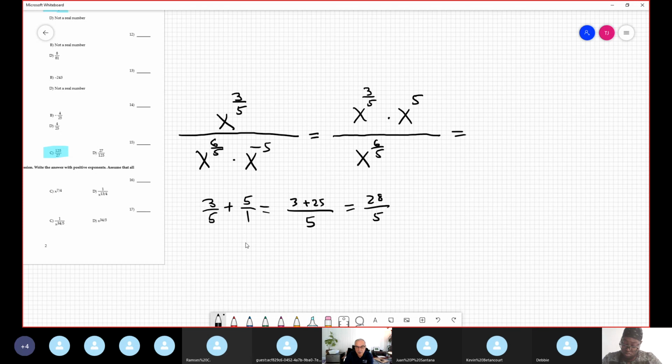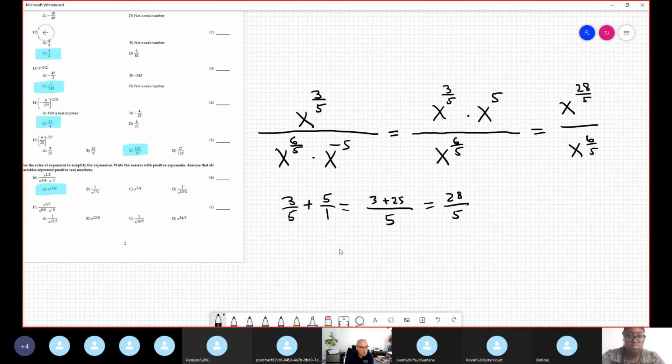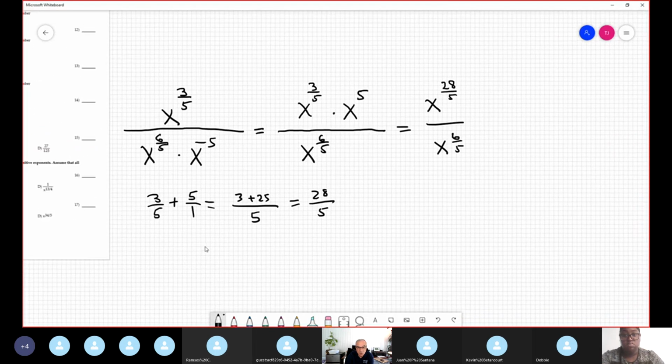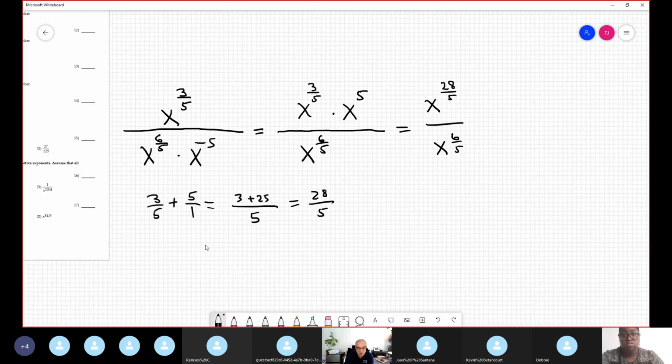And we have x to the 28 over 5 divided by x to the 6 over 5. And this is too easy because, now let me see. Did I make a mistake or no? No mistake. Okay, look. Now subtraction because of division.